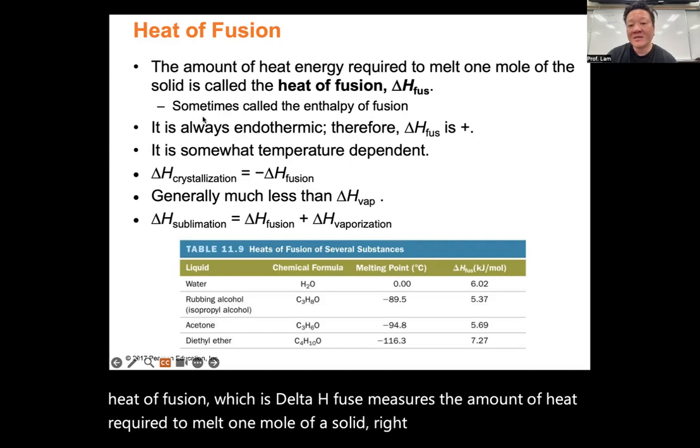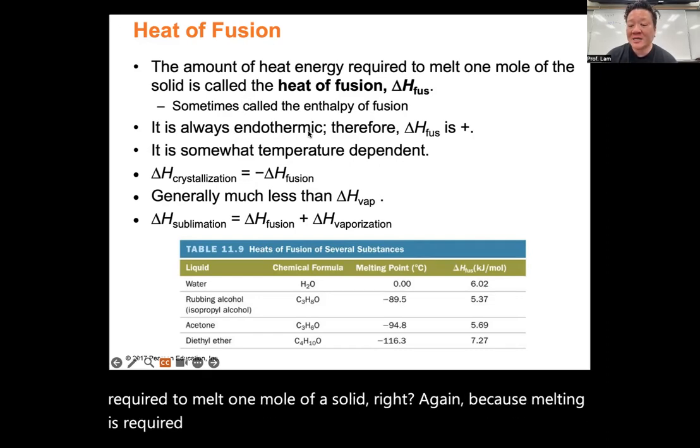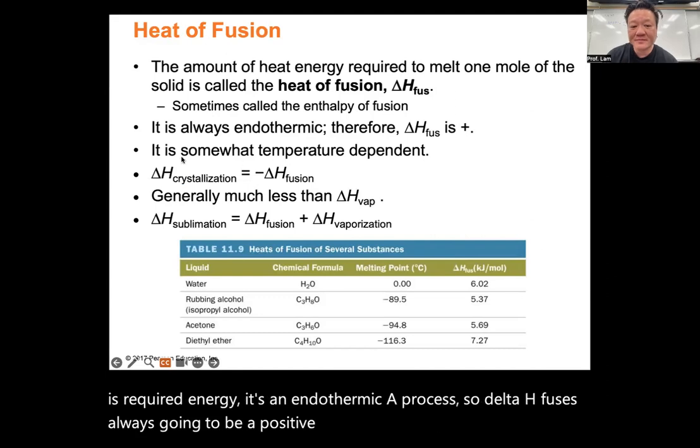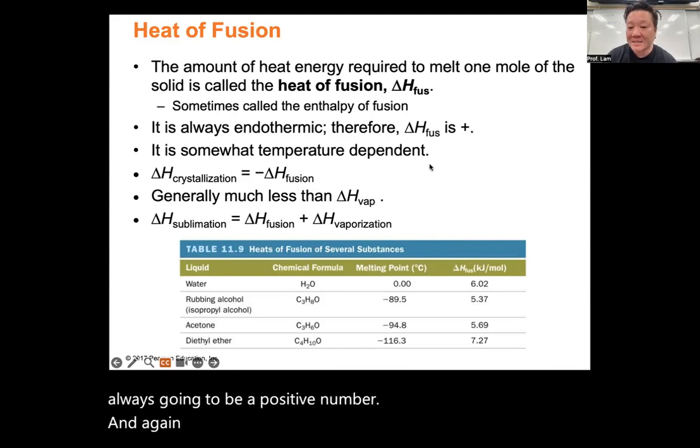Because melting requires energy, it's an endothermic process. So ΔH fus is always going to be a positive number. And again, it's also slightly temperature dependent.